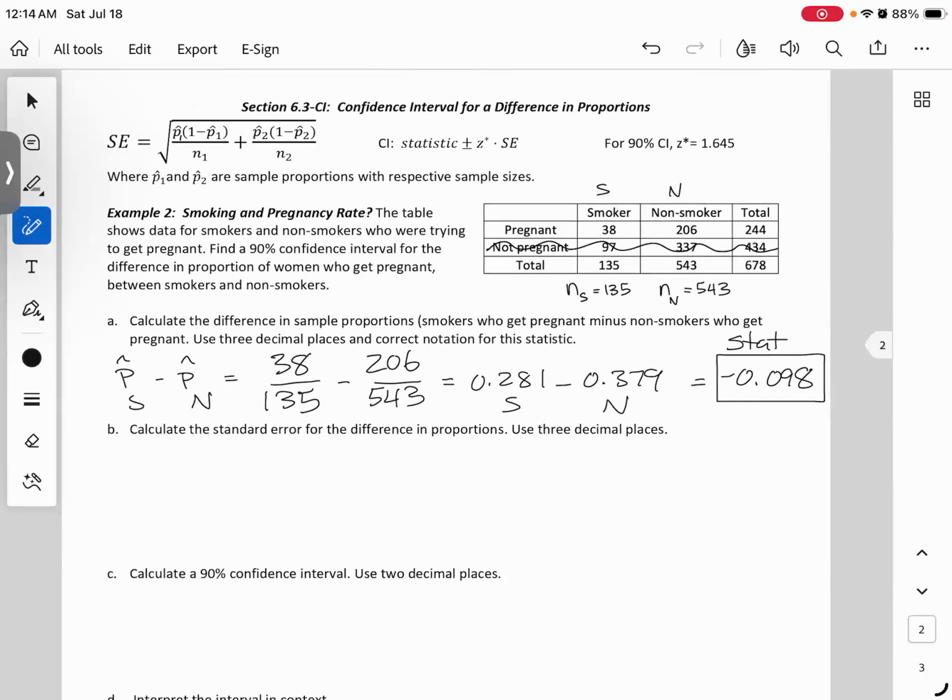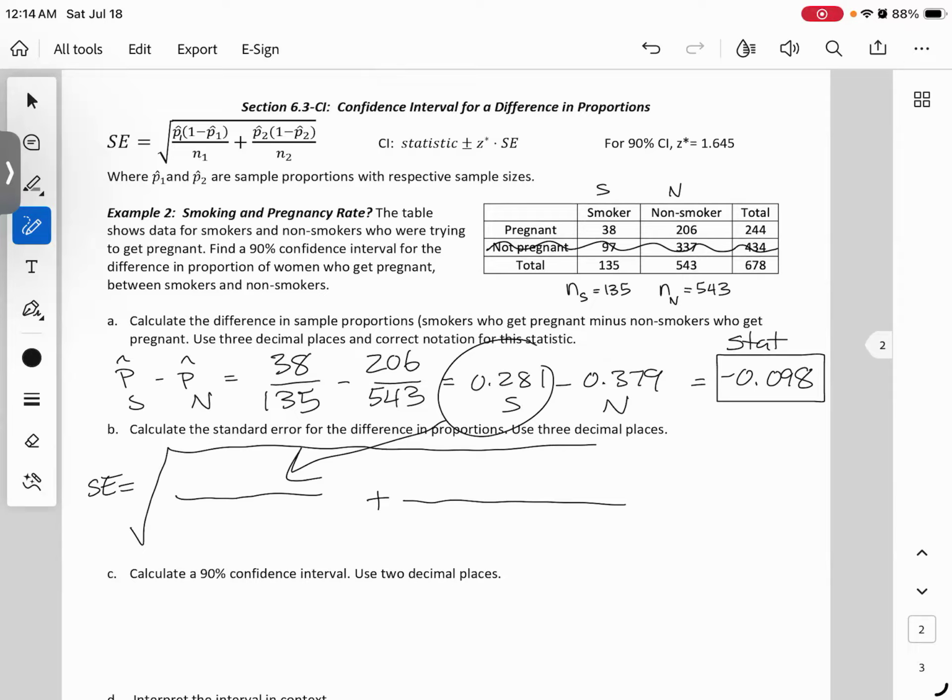Now, for the standard error, the formula is way up at the top, and it's the one that needs your two different group informations. And I'm going to start with first putting in the smoking information.